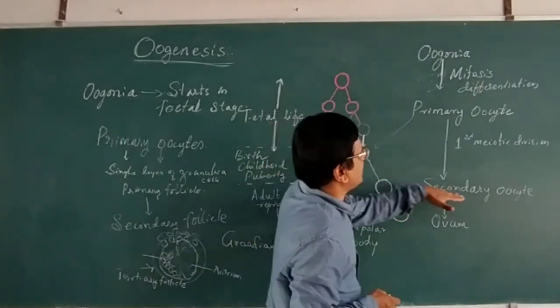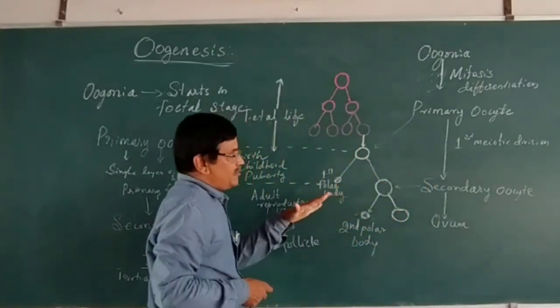During the formation of the secondary oocyte, what happens?